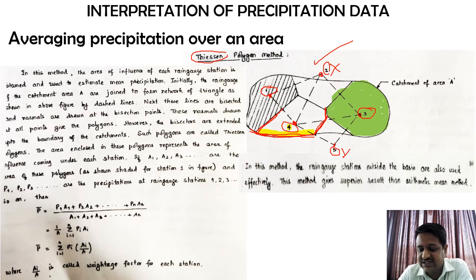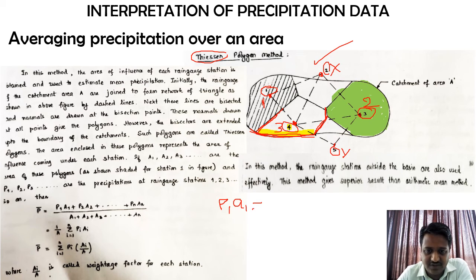Now I'll rename these as 1, 2 and 3. At that point, what this indicates is P1 is the rainfall recorded from station 1 and similarly A1 is the polygon area that has been created with the help of the procedure. That's what we have learned.